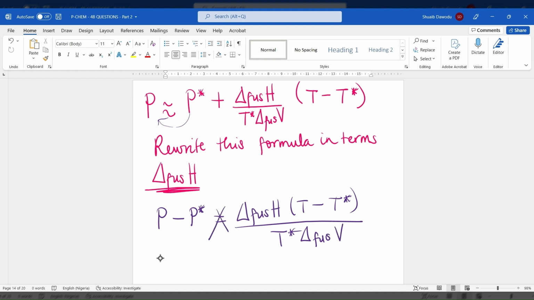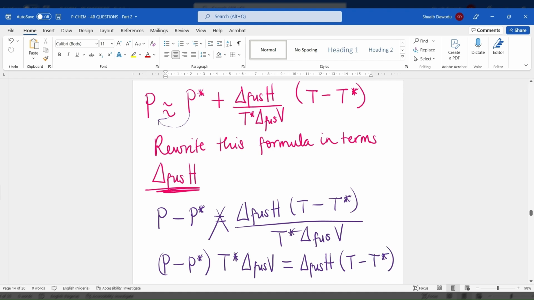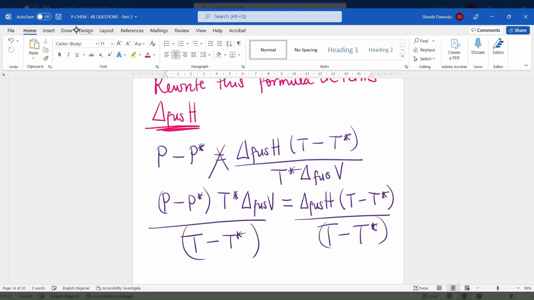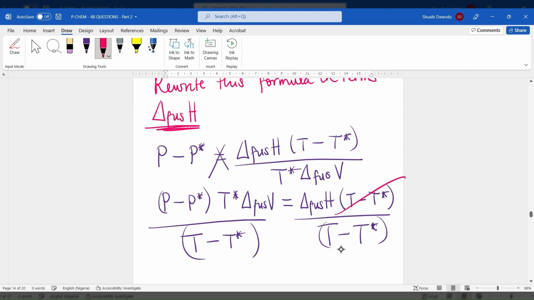When I cross multiply, I end up with P minus P star, T star, change in molar volume of fusion is now going to equal change in enthalpy of fusion times T minus T star. Since we're trying to do everything in terms of this, we cancel both sides of the equation by T minus T star.